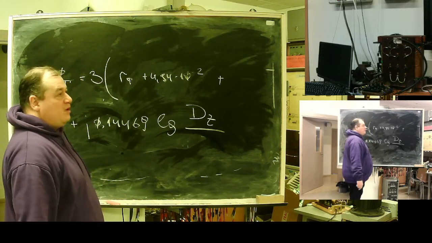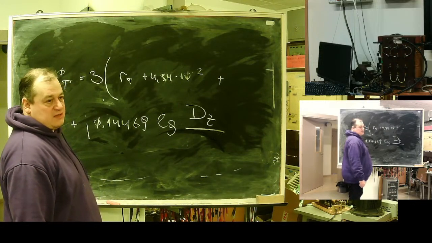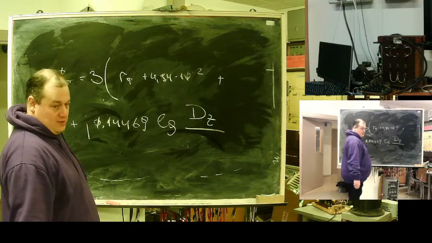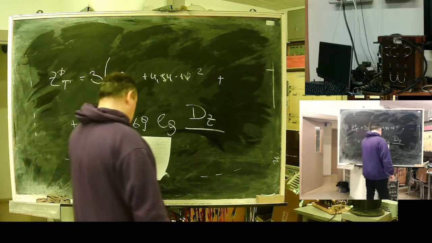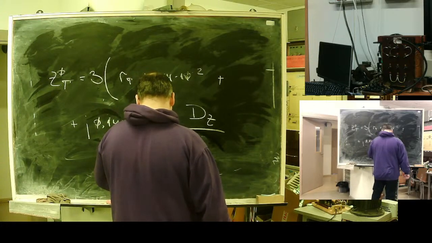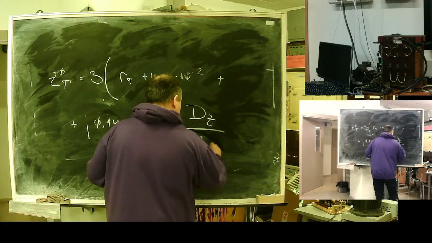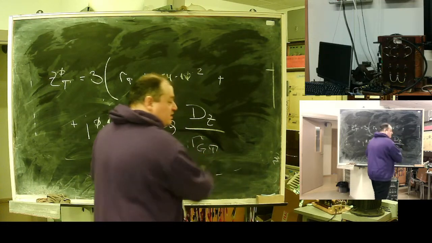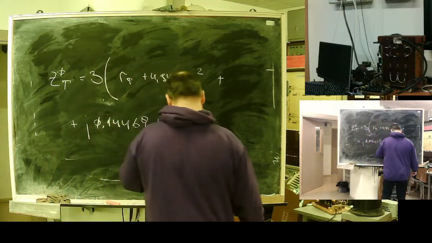Here, precisely 149 meters, okay, it's average for Latvian ground, or 1 kilometer, divided by the equivalent geometric radius of our protective cable.